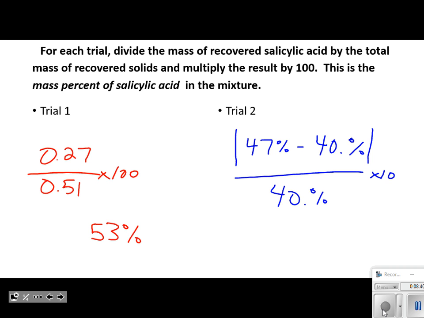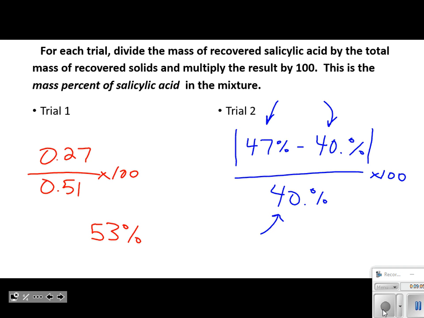So when I divide that by 40%, multiply it by 100. Now remember, we've been having some troubles with this percent error. Remember, percent error is the absolute value of the experimental minus the theoretical divided by the theoretical. I was getting all kinds of different things on percent errors.